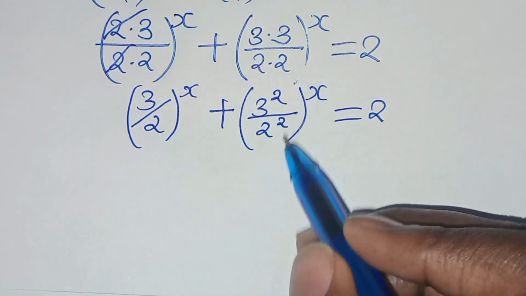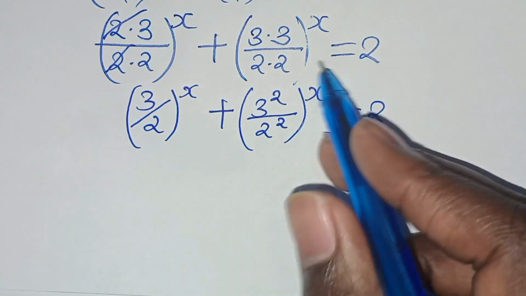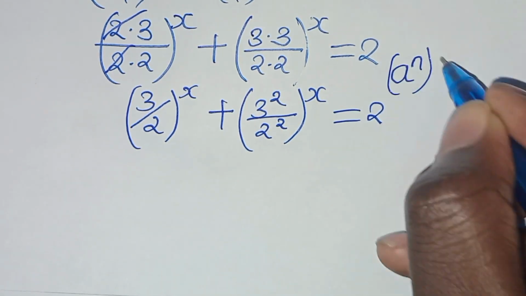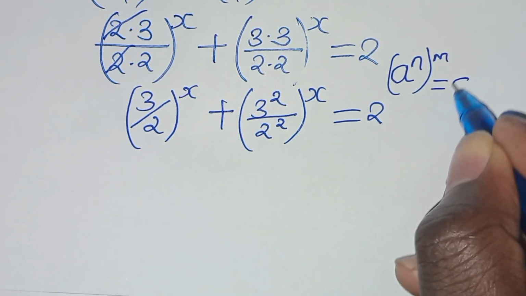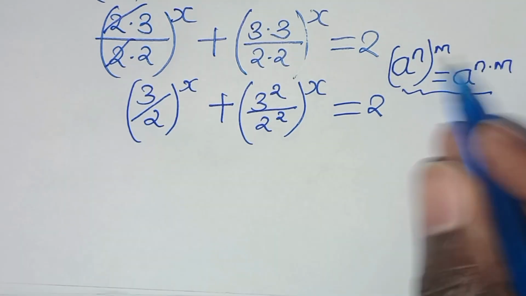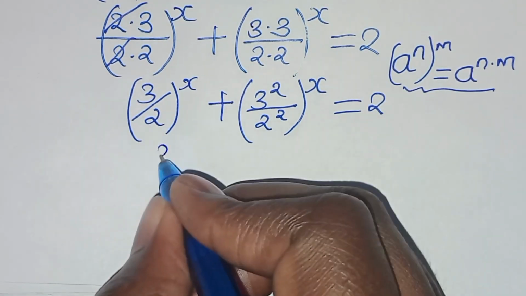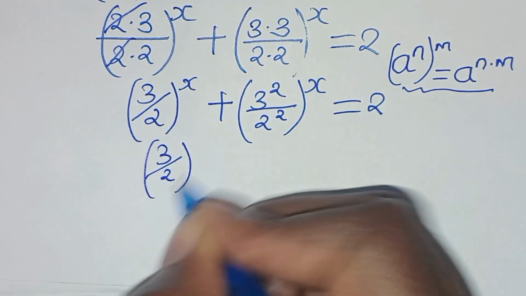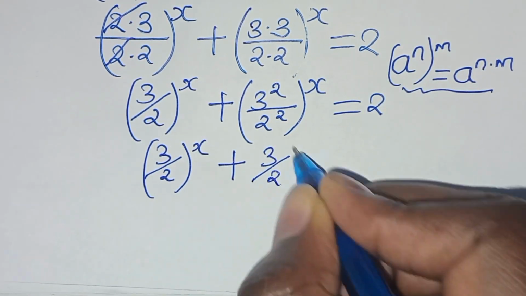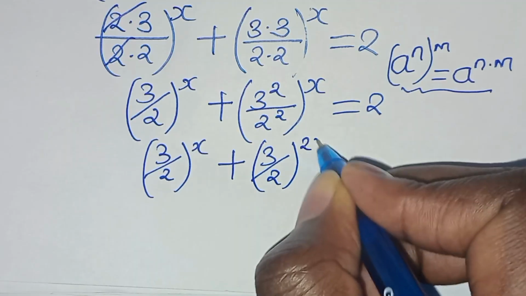Now, 3 to the power 2 over 2 to the power 2 raised to the power x is in the form of a to the power n raised to the power m, which you can express as a to the power n times m. So let's apply this exponent property. So here we have 3 over 2 raised to the power x plus 3 over 2 raised to the power 2x.